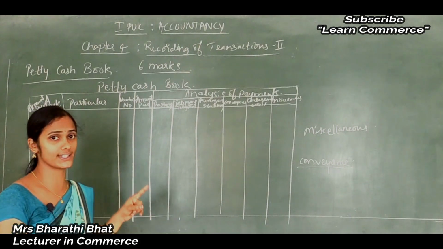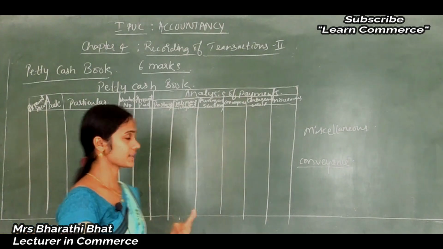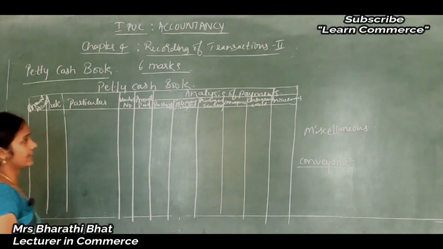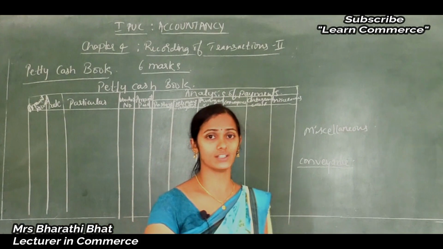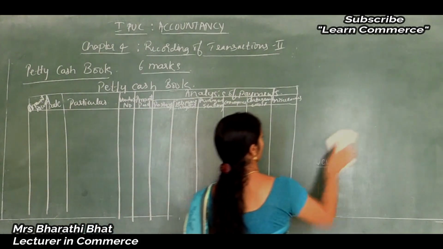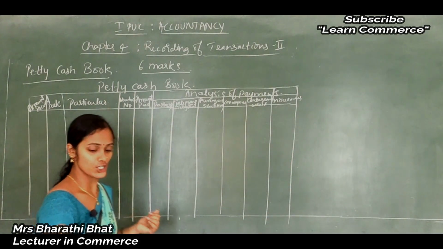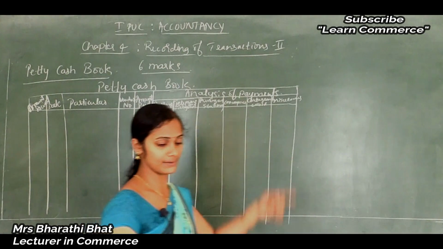So this is the format of petty cash book. 6 mark oriented, very important, very simple and interesting. Got it? So let's solve one illustration relating to petty cash book. See, already I drew the columns, right? So I'll write the question here.